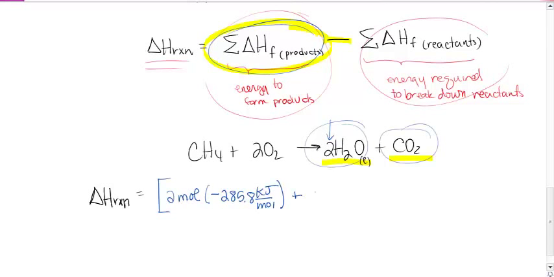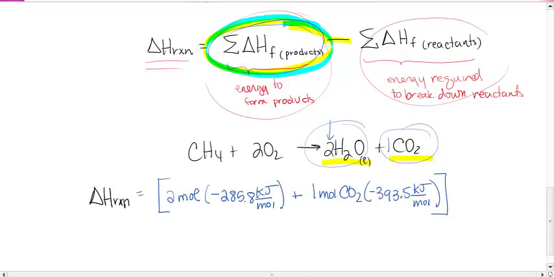Well, it's the sum of all the products, so I took care of that one. Plus, I have 1 mole of carbon dioxide. Now I look on my chart, I find CO2, carbon dioxide, in the first column on the left side, negative 393.5, units are kilojoules per mole. I'm going to close that bracket here, because what I've just done is take the sum of the heats of formation of the products.